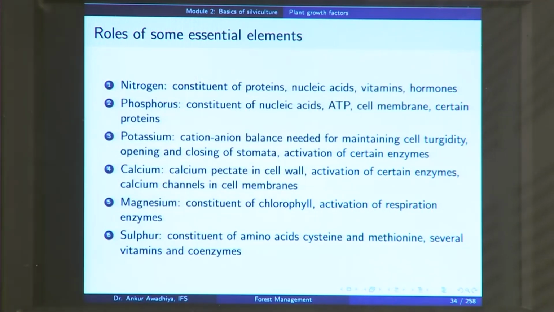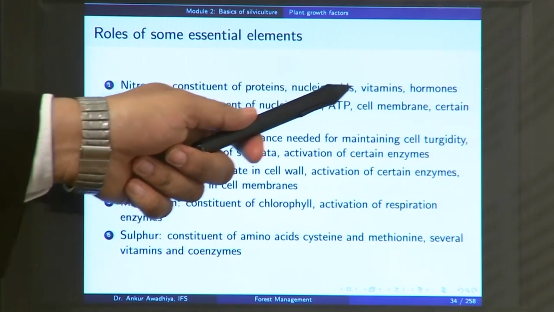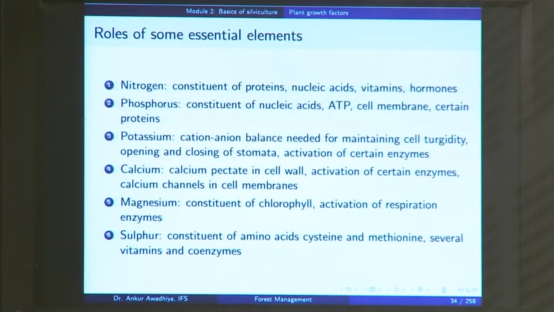So, nitrogen is an essential element, because if you do not give nitrogen to a plant, the plant will die off very quickly. It cannot be replaced by any other element, and this element is directly involved in the metabolism in the formation of proteins, nucleic acids, vitamins and hormones.